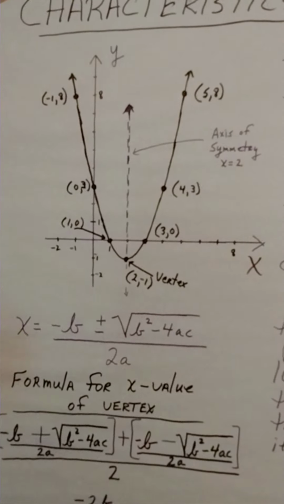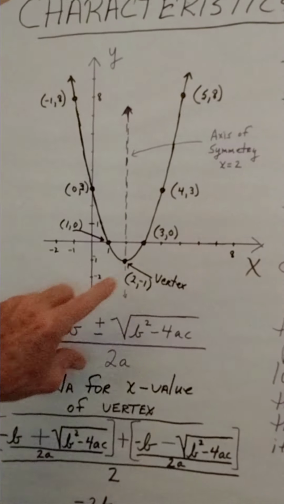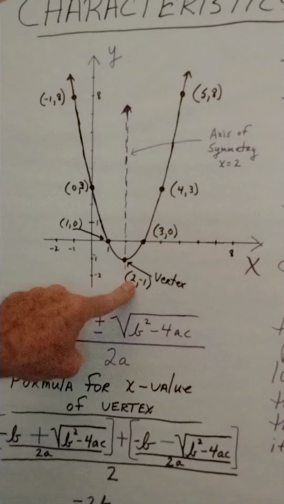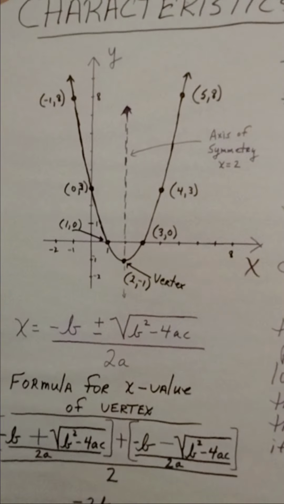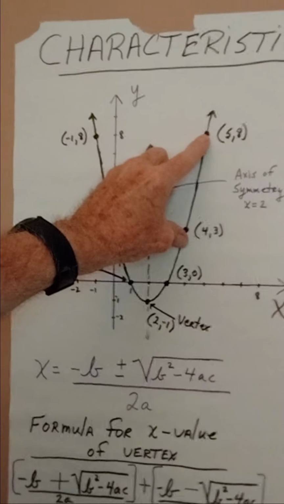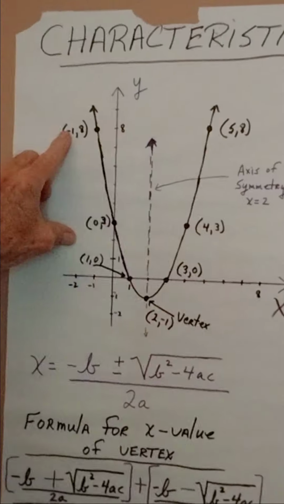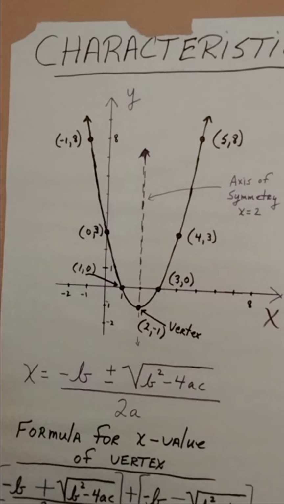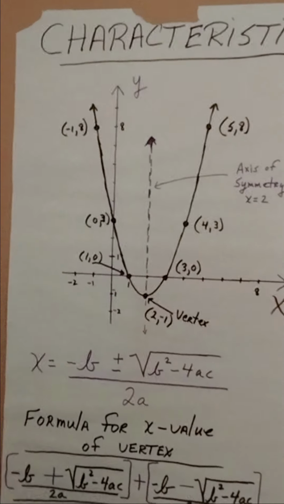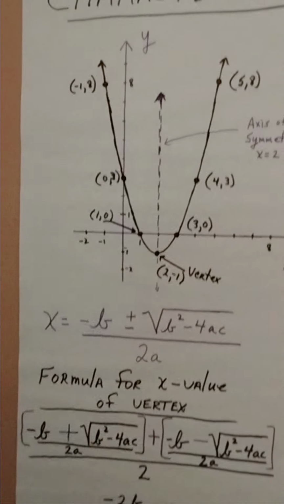If we take 4 and divide it by 2, we get 2. The uppermost one: take the x value of -1 and its mirrored friend, the x value of 5, and add 5 to -1. 5 plus -1 is 4. 4 divided by 2 is 2. The x value of the vertex.